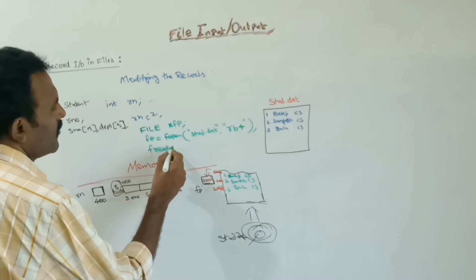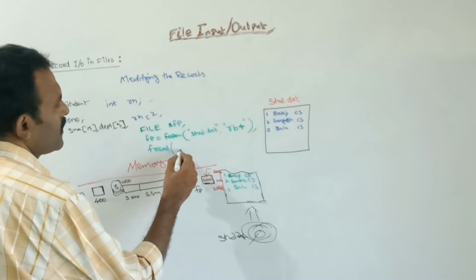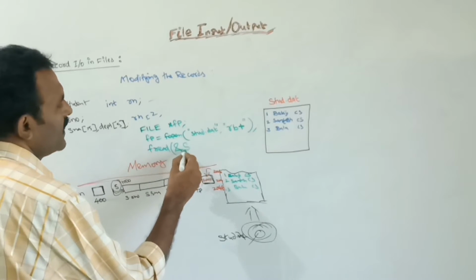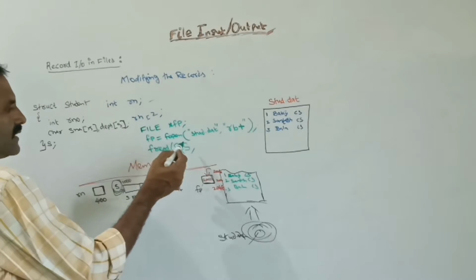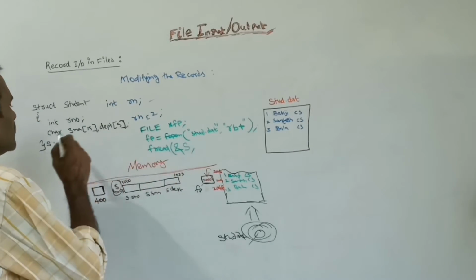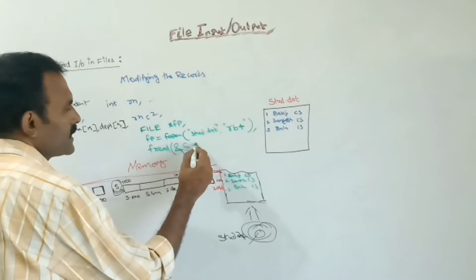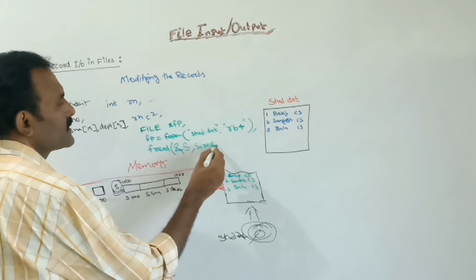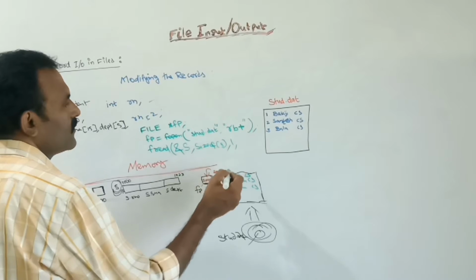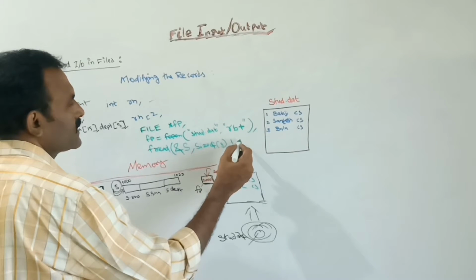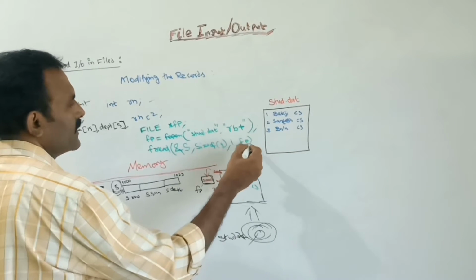After that, what are the parameters? First one, where we are going to store the content inside that buffer, that variable name, that is the structure variable name, ys. Next, sizeof ys. Next, reading record by record one by one. Next, the file pointer fp.